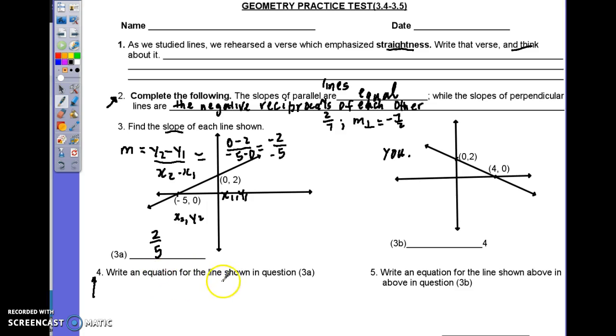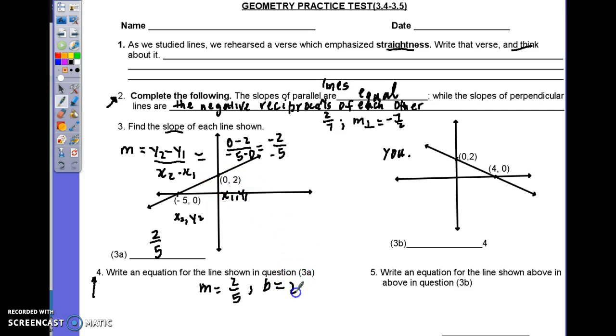Would you write an equation for the line shown in 3a? So here we are. This is 3a. The slope is 2 over 5. And here's what I told you. Once you know the slope and the y-intercept, you can find the equation of the line. So you might say, what's the y-intercept here again? It is 2. The y-intercept is the y value for which x is 0. So this is a y value here, 2, for which x is 0.